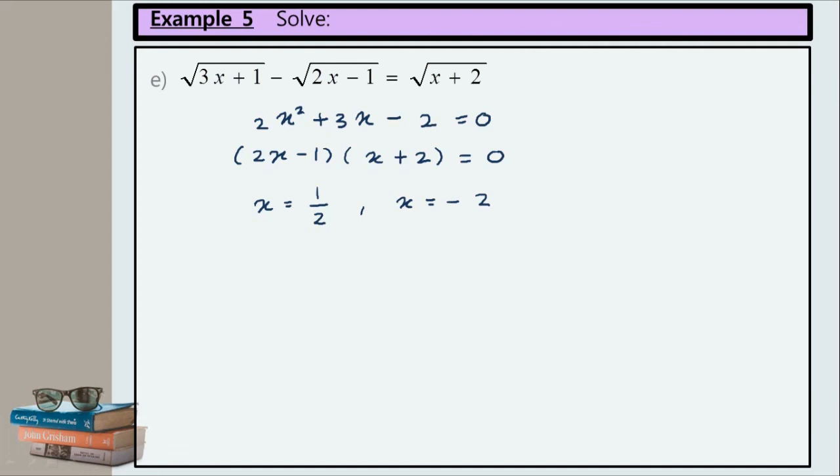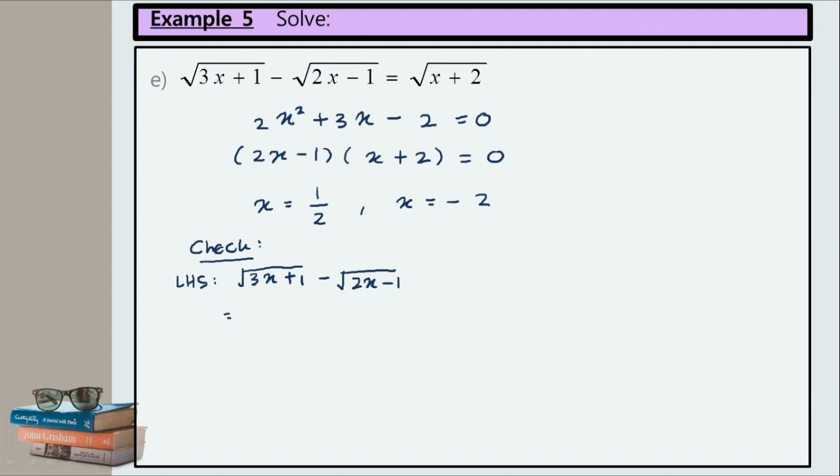So how to check? Again, substitute. Okay, check. Since we have our left hand side of our original equation is surd 3x plus 1 minus surd 2x minus 1, substitute.